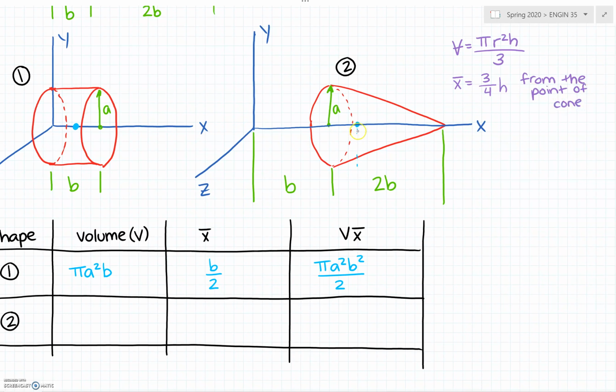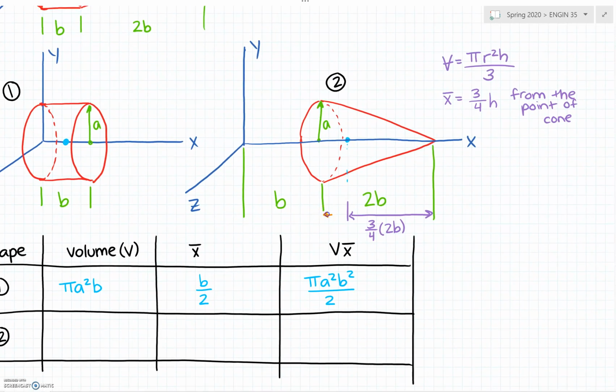So that means to our centroid, which I've drawn with that little blue dot, to the point of the cone is going to be 3/4 times the height of that cone, which is 2b. So that means this distance right here is going to be 1/4 times the height of the cone, 2b.